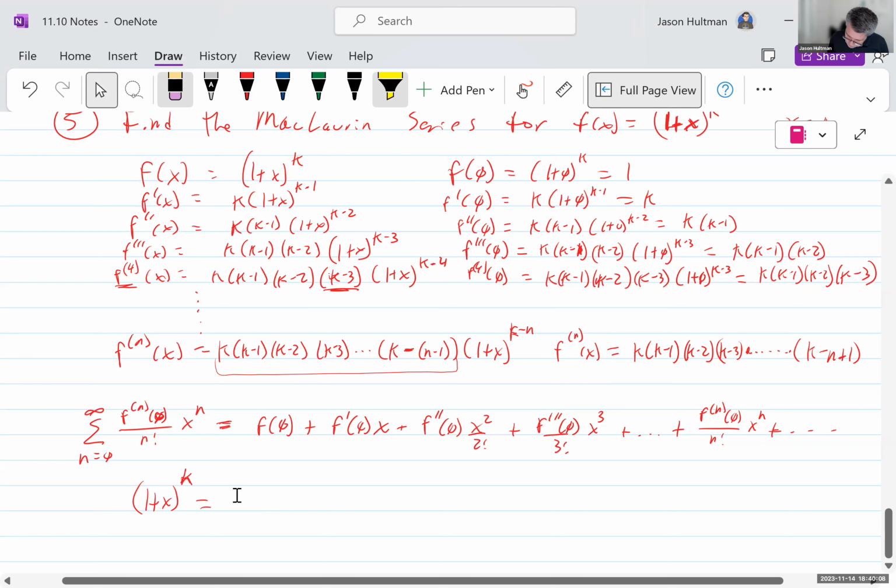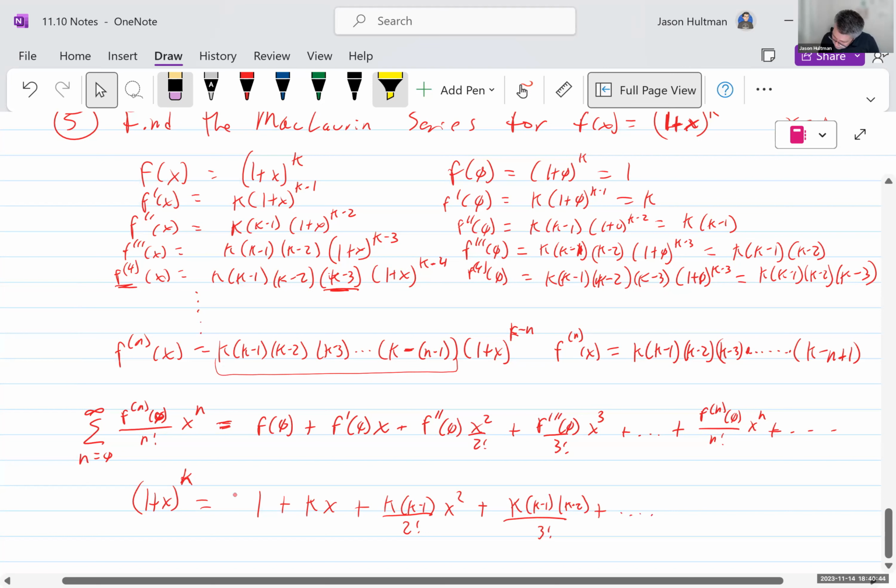Okay, it is equal to 1 plus the first derivative, which is k, plus the second derivative, which is k times k minus 1, all over 2 factorial, times x squared, plus k times k minus 1 times k minus 2 all over 3 factorial, all plus dot dot dot.